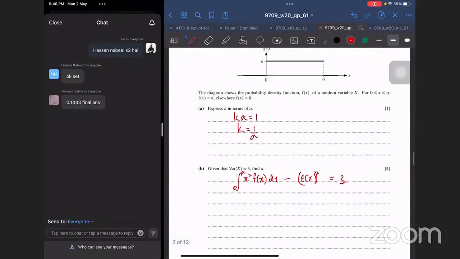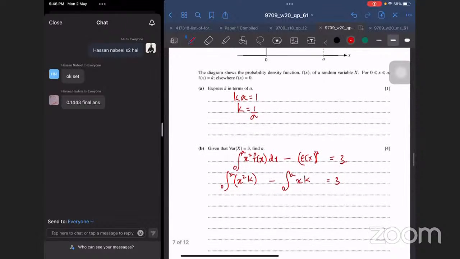In this case, f of x is basically y equals k. So this is x squared into k. And expectation will also be x into k. So this is basically equal to 3.